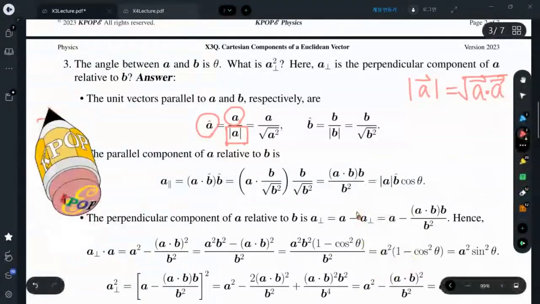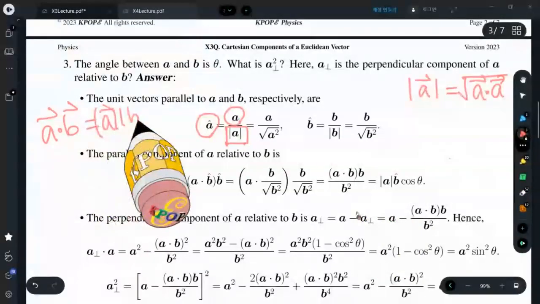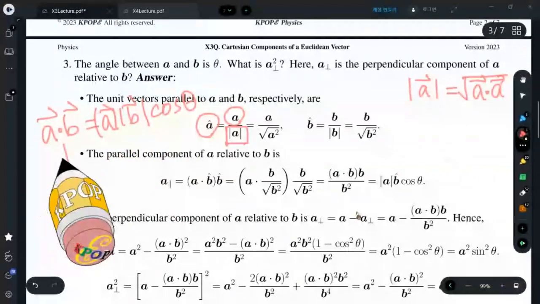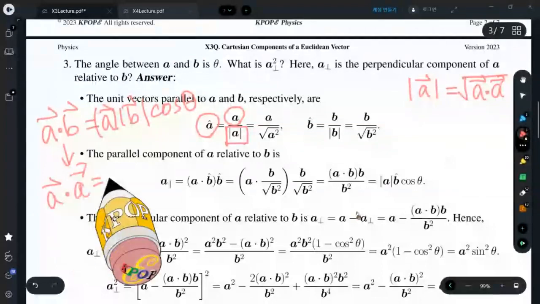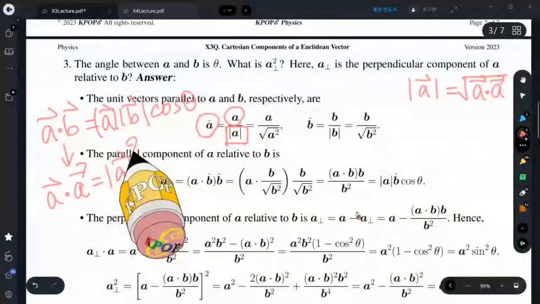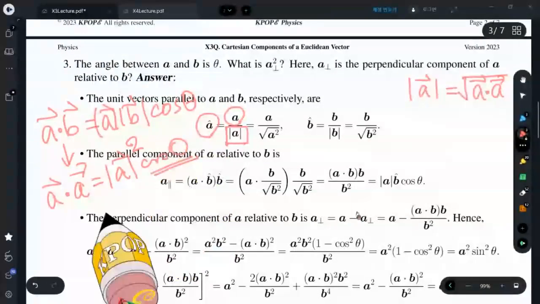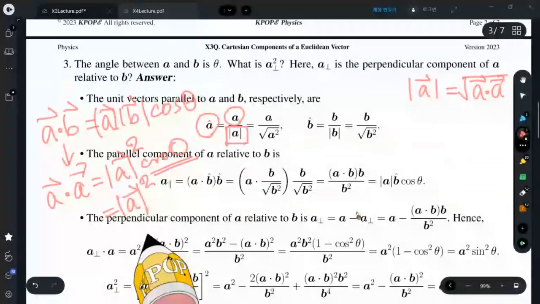We know A dot B is the product of their magnitudes times cosine theta. If I take the scalar product with itself, it is the vector squared times cosine 0, and cosine 0 is 1. So the vector's absolute value squared.